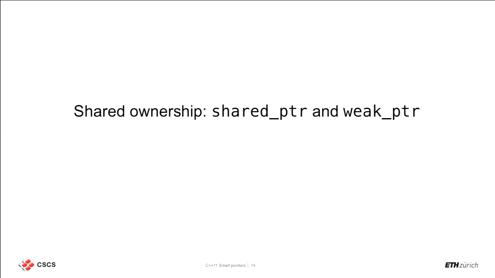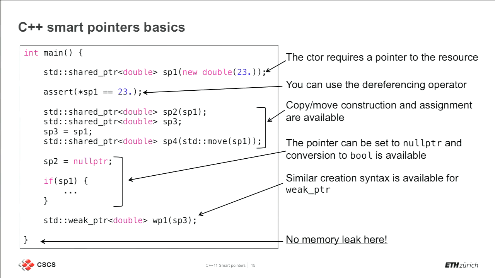Okay, so let's start with a small example of application of this shared ownership pointer. Let's have a quick look at this main function. Here I'm doing some very basic stuff with the smart pointer. The most important line, I guess, is the first one, where we are creating our first example of a shared pointer.